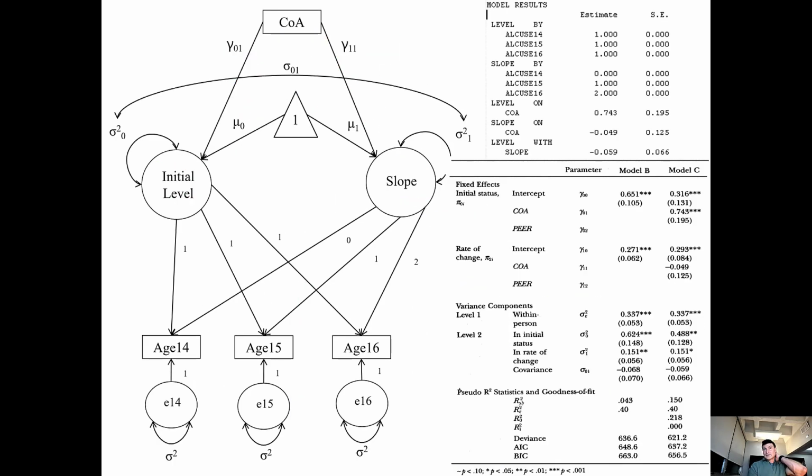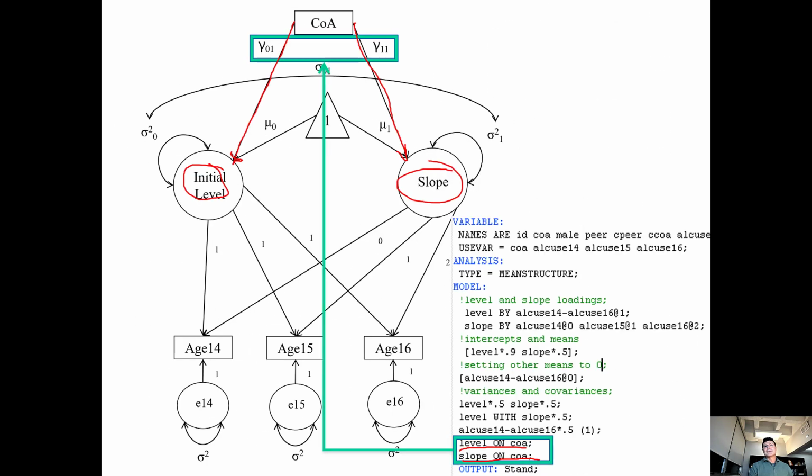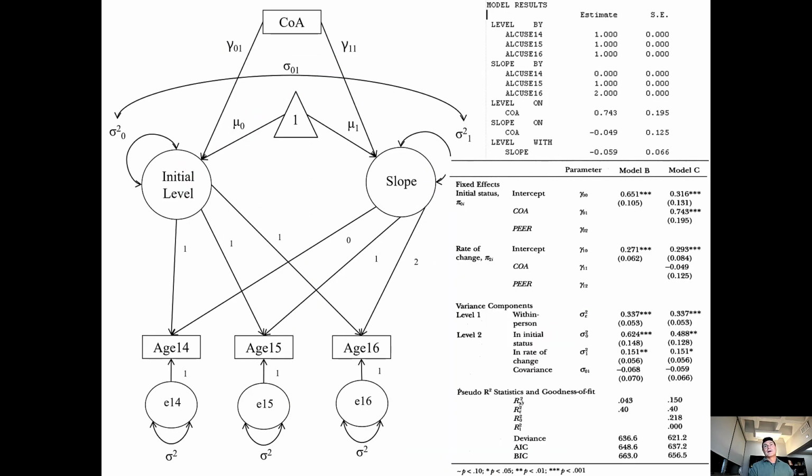I had the SPSS syntax, but when we run the models, what we're interested in are these new variables, and so we can look at the regression. So here's 0.743.